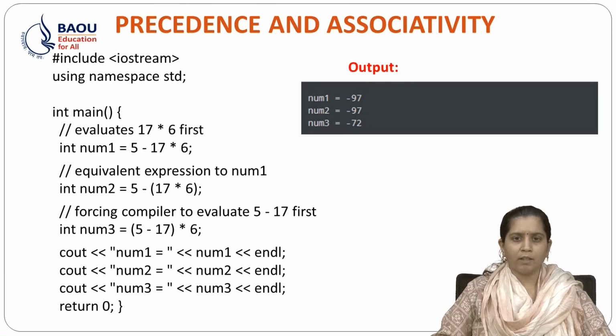The output is num1 equal to minus 97, num2 equal to minus 97, because both the expressions work similarly, but in the third one I am forcing my compiler to evaluate 5 minus 17 first.